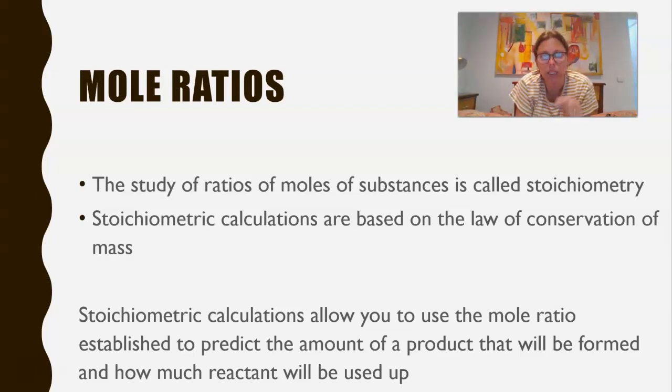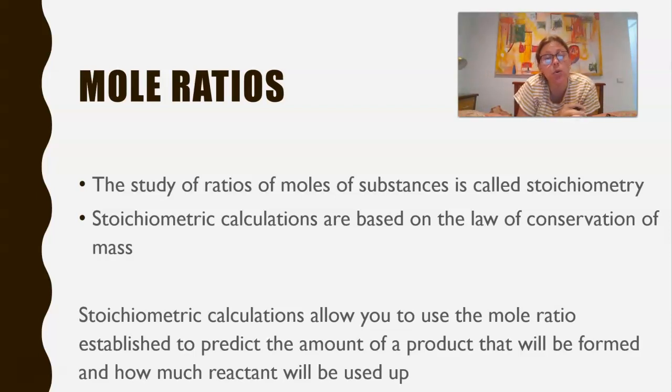So when we are looking at mole ratios, we're obviously making a ratio of the moles in our chemical equation. And so we are looking at the ratios of the coefficients, the number in front. And this is what stoichiometry is. And this is all underpinned by the law of conservation of mass.